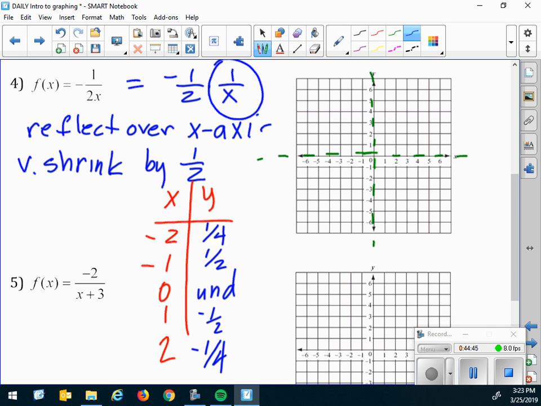Negative 2, 1/4. Negative 1, 1/2. 1, negative 1/2, and 2, negative 1/4. Now you can do better than I can because you've got a pencil.